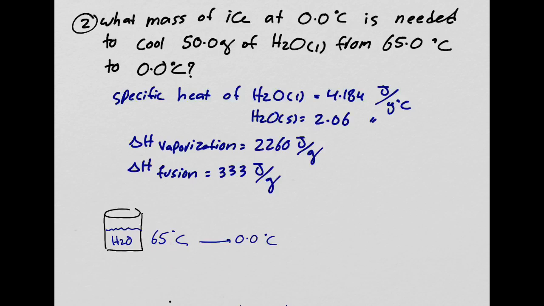What I'm going to do is take all these ice cubes and add them to my water. If I add ice to my water, it's going to cool it down. But I want to add enough ice to cool it down to 0 degrees Celsius. That's my question. So far, so good?